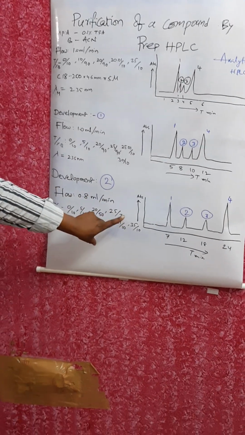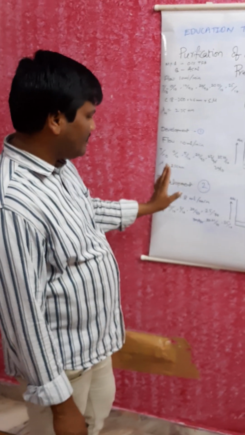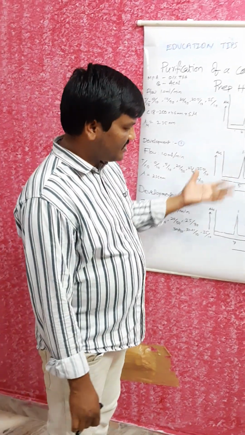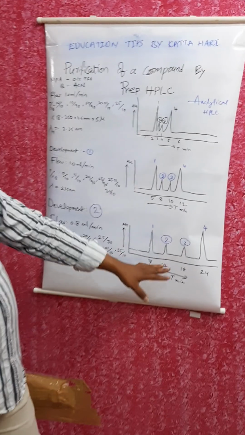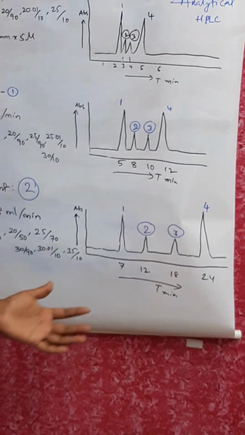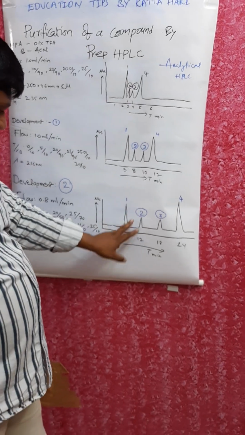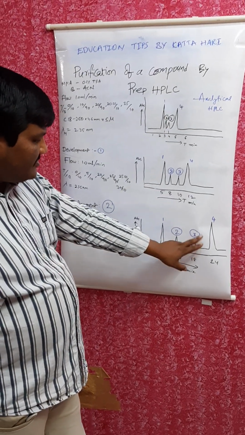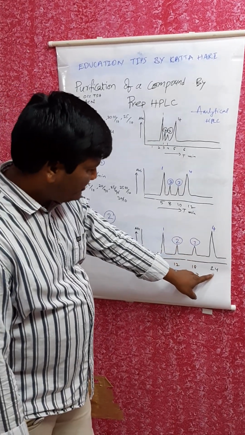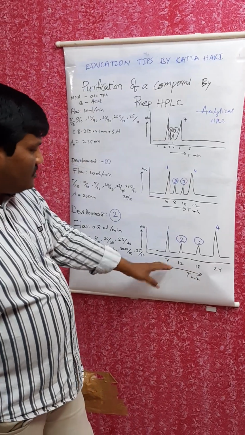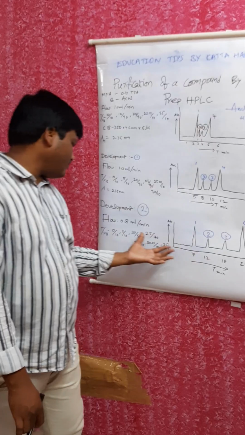In this gradient system with 0.8 ml flow rate and the same wavelength, I injected the same sample. Now I got good resolution and better separation in this chromatogram. The first peak is at 7 minutes, the second required peak at 12 minutes, the third peak at 18 minutes and the fourth peak at 24 minutes. So I achieved better resolution and separation in development 2.